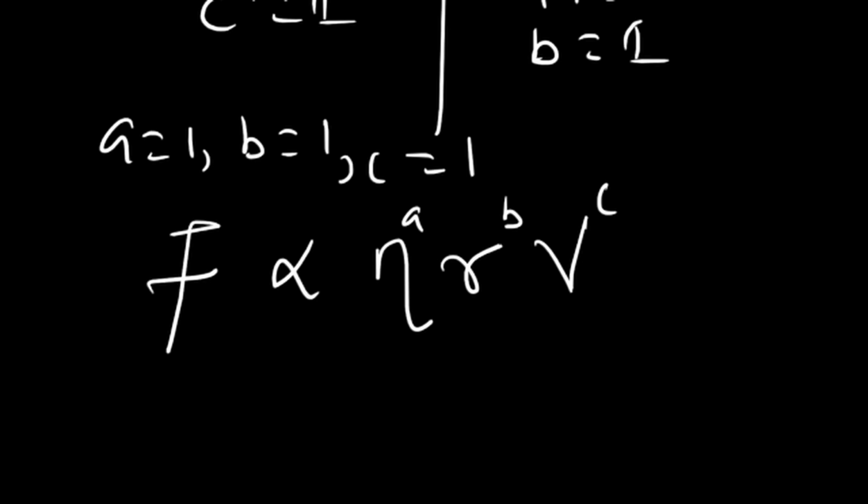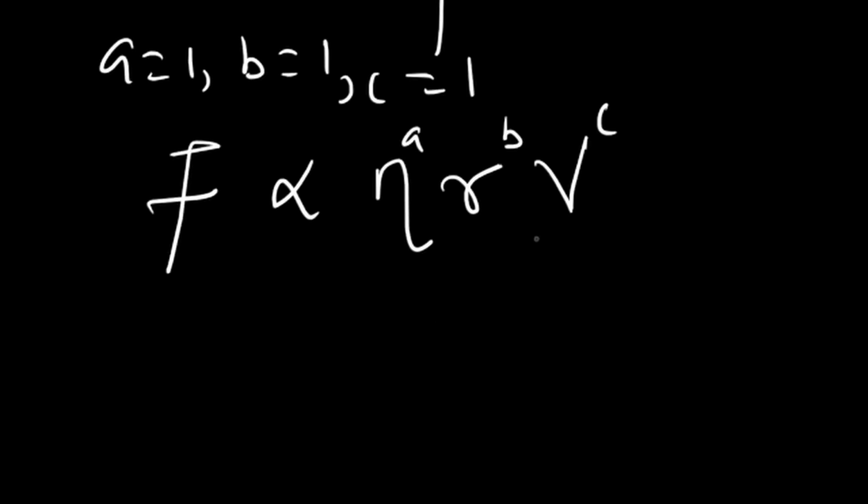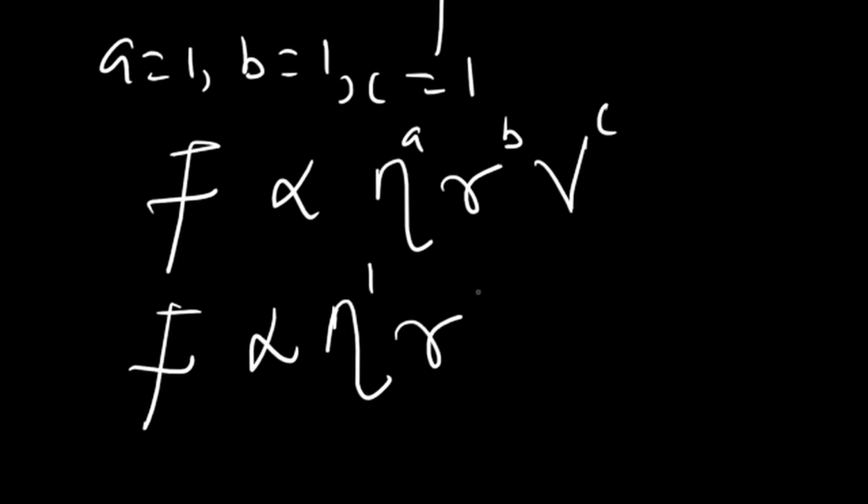Wherever we see B, we put a 1, and wherever we see C, we also put a 1. So this now becomes F is proportional to viscosity to the power of 1, the radius to the power of 1, and then the velocity to the power of 1.